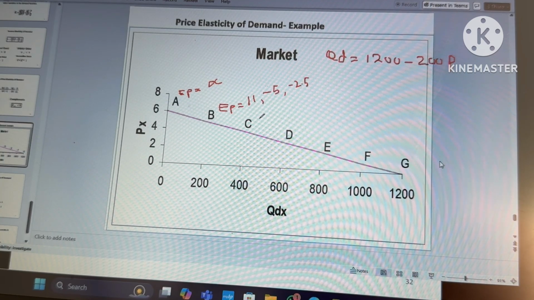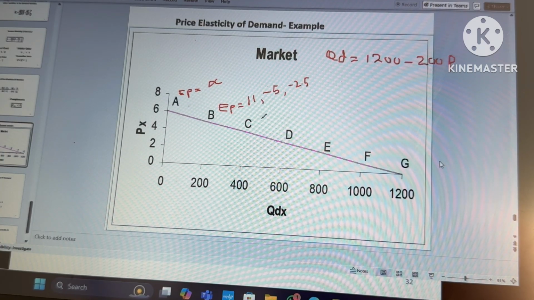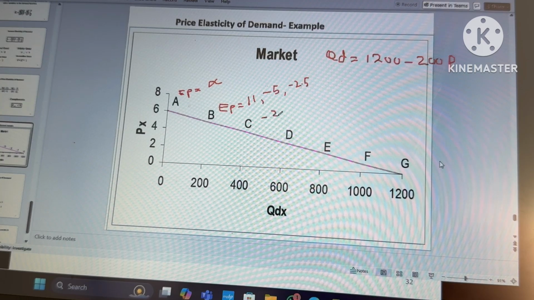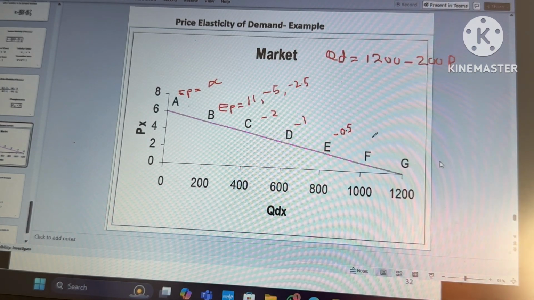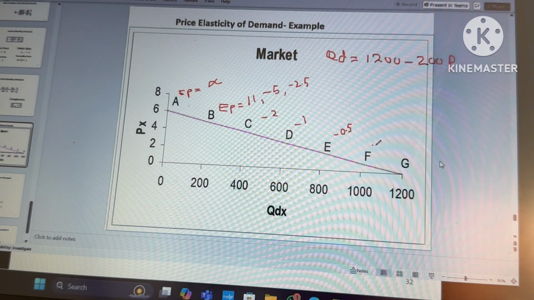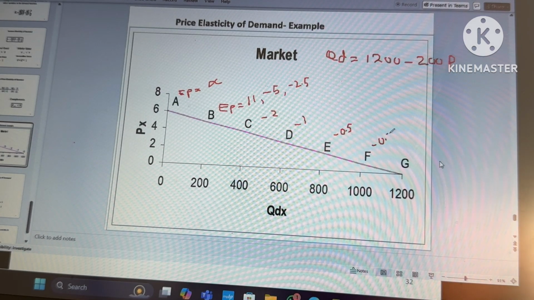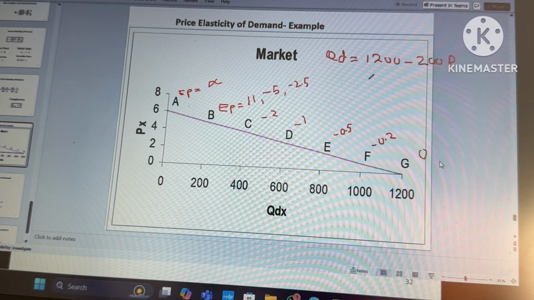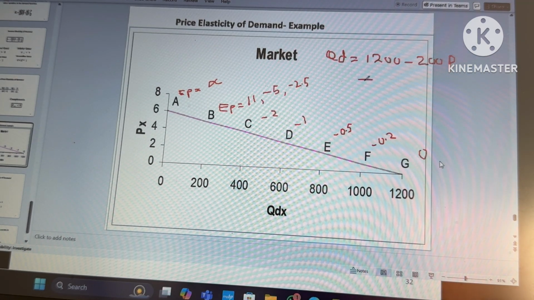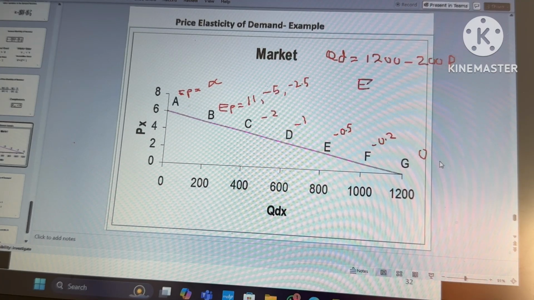Point C? Minus 2. Point D? Minus 1. E? Minus 0.5. F? Minus 0.2. G? 0.